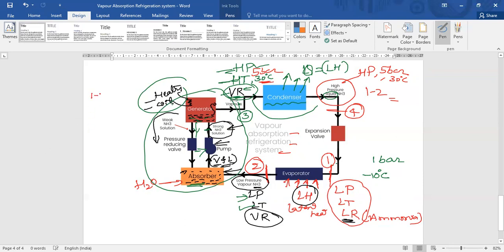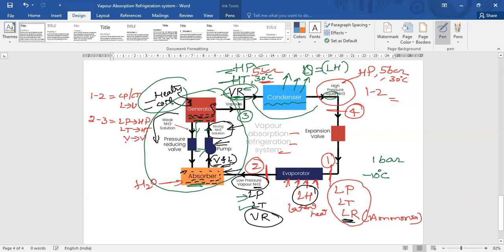So 1 to 2 is constant pressure and constant temperature, but liquid is converted into vapor refrigerant. During 2 to 3, low pressure will be converted into high pressure, low temperature refrigerant will be converted to high temperature refrigerant, but the vapor state will remain the same as vapor.